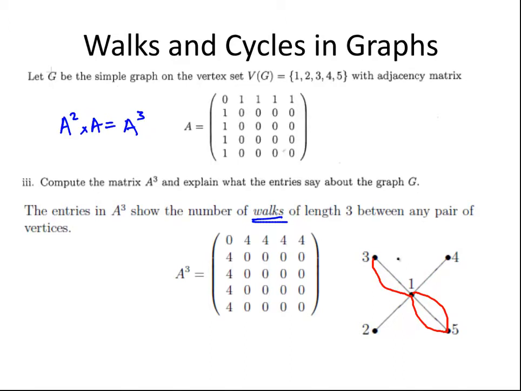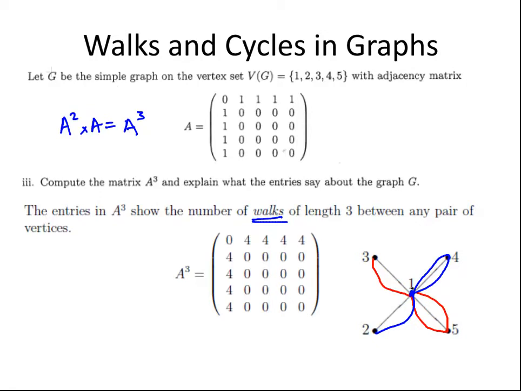Likewise, if we start at 1, it can go up, it can go down, and it can go to any of the 4 other vertices. So starting at 1, there are 4 possible walks of length 3.